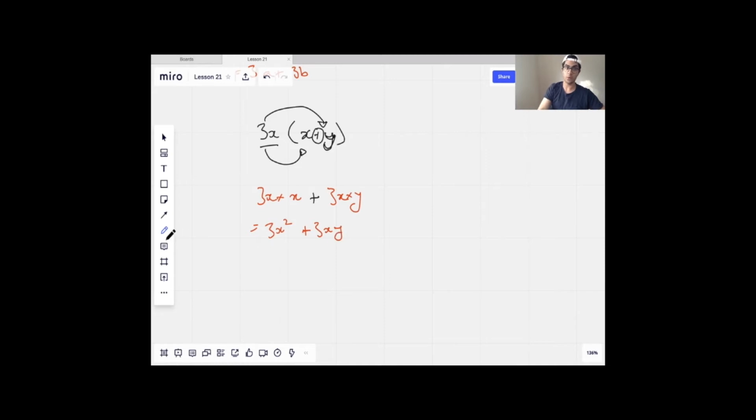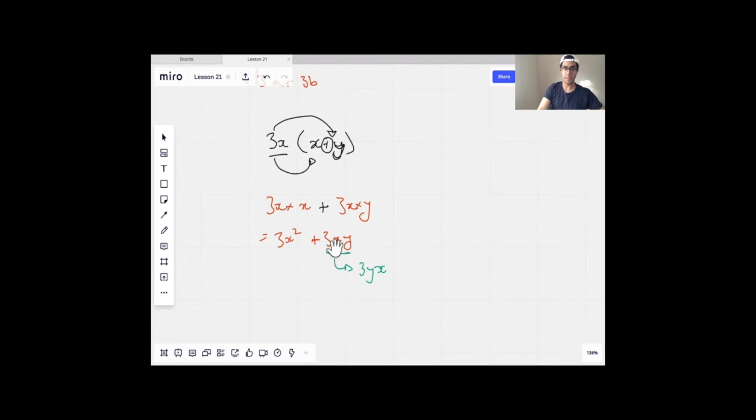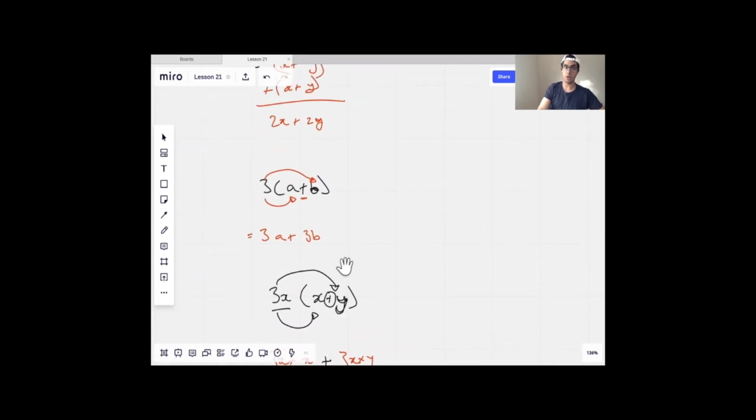And if we remember from last video, just as a quick reminder, 3xy is the same thing as 3yx. Just as a reminder that they can be flipped around, and questions can be a bit cheeky sometimes. So knowing this distributive property, let's try out our first question.